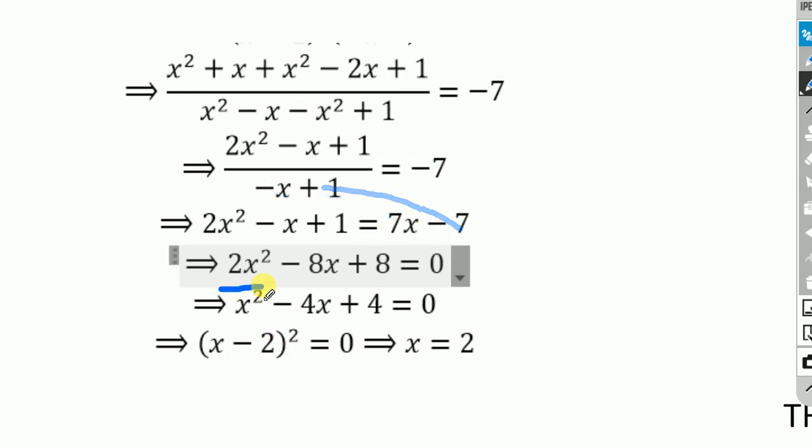So 2x square minus 8x, 1 minus of minus 7 is plus 8 is equal to 0. So take 2 as common factor, so you get x square minus 4x plus 4 is equal to 0. This is nothing but (x minus 2) whole square, which is equal to 0, which implies x is equal to 2.